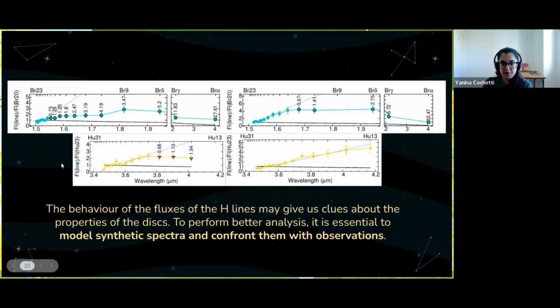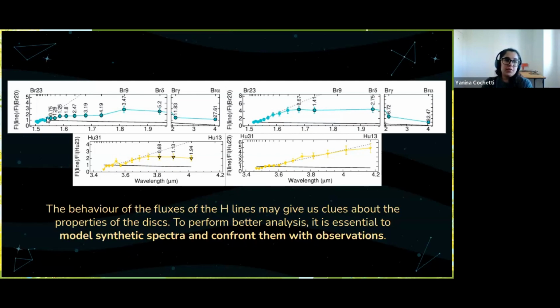So one of the first things we did was these figures, where this dashed line is the ratio of the Brackett lines over one particular line for the optically thin case, and the continuous line is the ratio expected for an optically thick case.